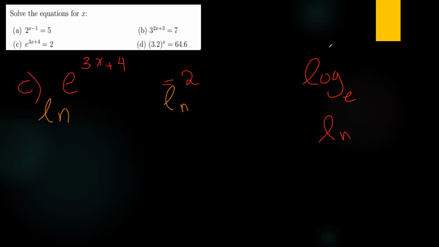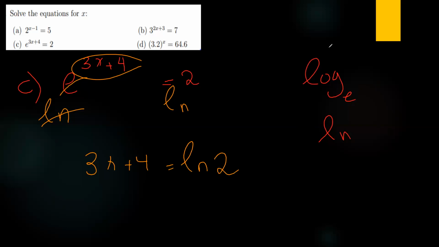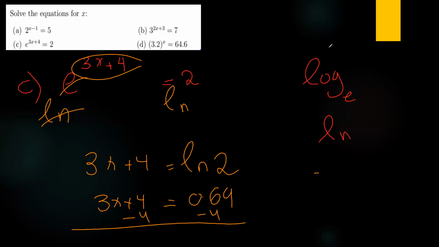So ln cancels e, and I have 3x plus 4 equals ln 2. Then on the calculator, ln 2 is 0.69. So 3x will be 0.69 minus 4, which is negative 3.31. So x will be negative 1.1.